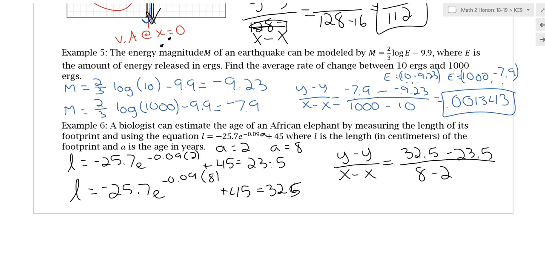This one I feel like I can do. 32.5 minus 23.5, that's 9 over 6. If you want to reduce it, it's 3/2, so 1.5. So if you want to think about it in words, they gain 1.5 centimeters each year in their footprint. And that's it.